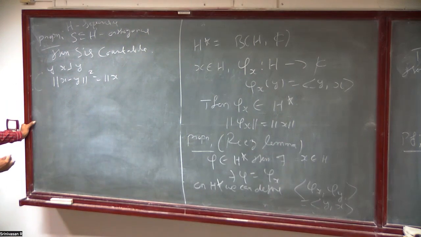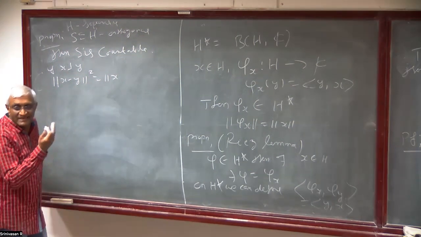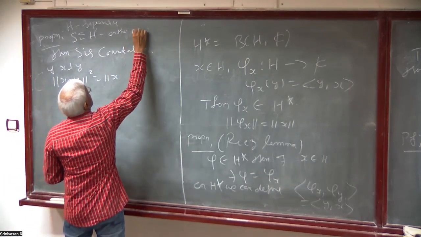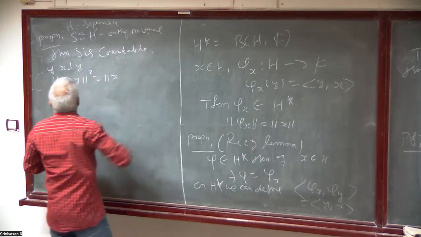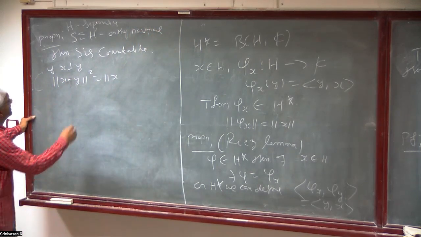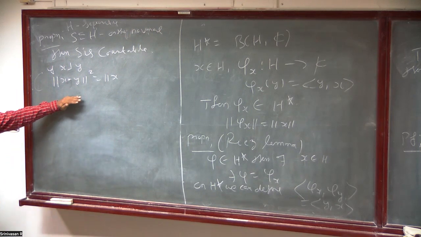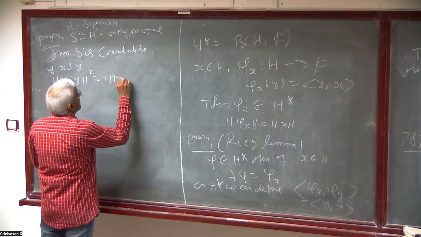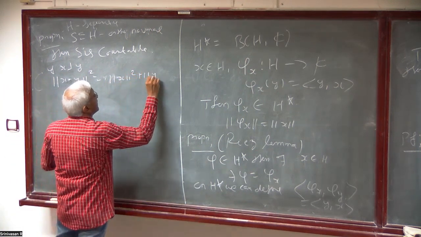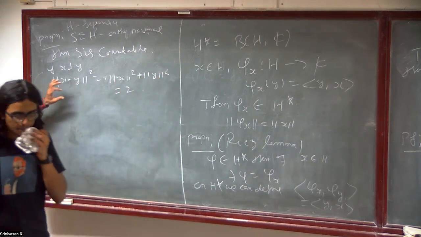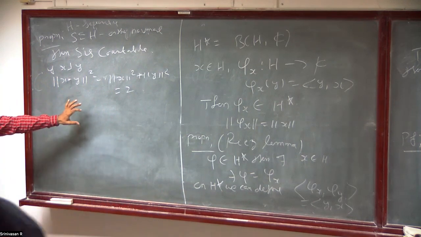If it is orthonormal, then you can see that the distance between x and y, the norm squared of x minus y, is norm x squared plus norm y squared, which is equal to 2. So the distance between any x and y is square root of 2.